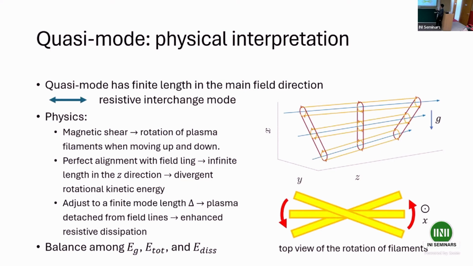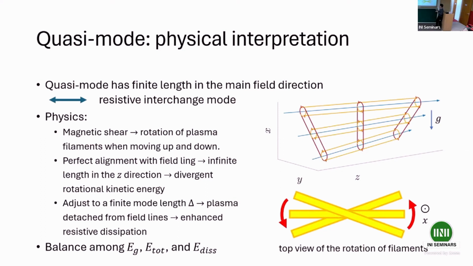However, this is not physical, right? So the mode has to adjust to a finite mode length to reduce rotational kinetic energy, which at the same time also indicates plasma cannot perfectly align with the field line. So plasma needs to detach from the field line due to the resistivity. The detachment of the plasma from the field line can enhance the resistive dissipation.